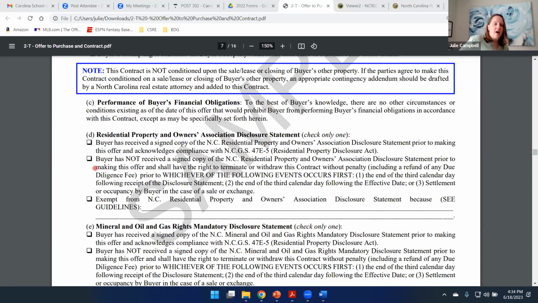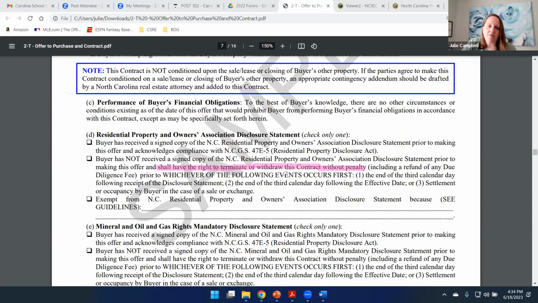The other option here: buyer has not received a signed copy of the RPODs prior to making this offer and shall have the right to terminate or withdraw this contract without penalty. That includes a refund of the due diligence fee prior to whichever of the following occurs first. So we're making an offer and we've not seen the RPODs.